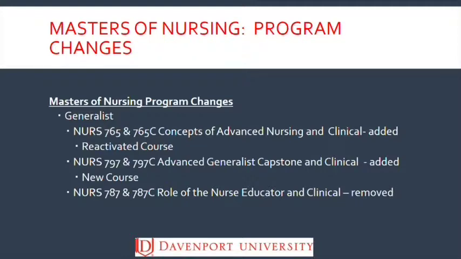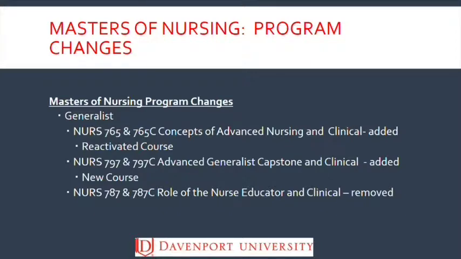So with our accreditors, we had met with them, and in order to just sharpen up our program a bit, we did some changes. And if you've been with Davenport long enough, you will notice a course that has been unarchived, which is the 765 and 765C, Concepts of Advanced Nursing and Clinical.